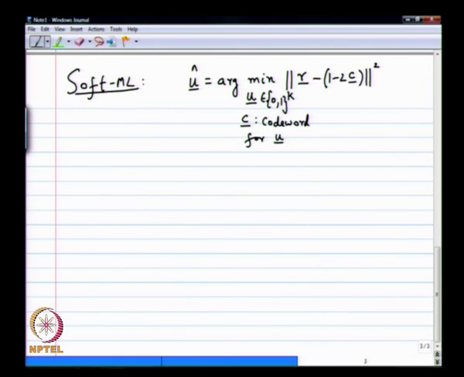Is that okay? So the task clearly is to compute this Euclidean distance for all possible inputs. How many Euclidean distances will you have? 2 power k. So it looks like you will have to compute all of them first and then compare with each other and find the minimum. That is the brute force soft ML task, and that we saw before. Even for linear codes, it is hard. It is going to be exponentially complex, 2 power k complex.